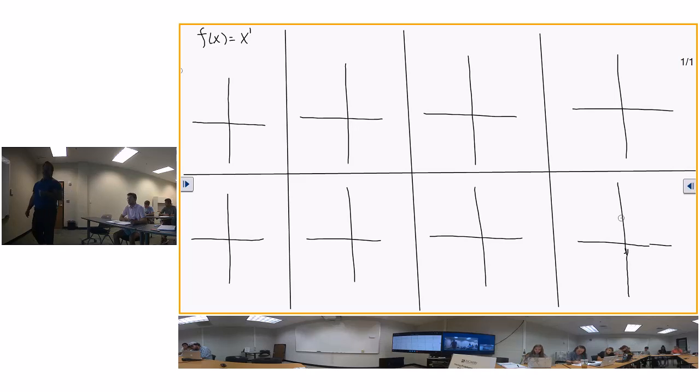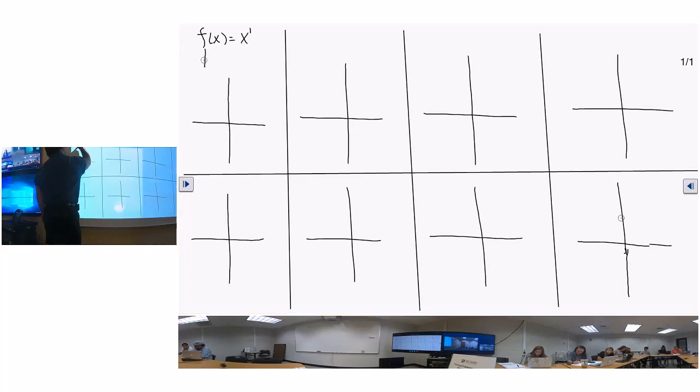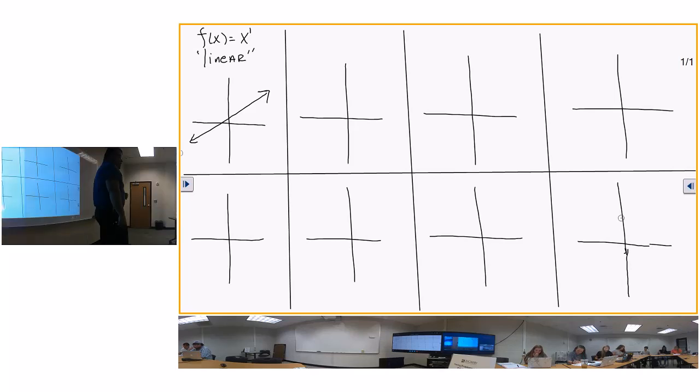A straight line, meaning that you have a linear function. So anytime you have a function where x is to the first power, that means you have a straight line.